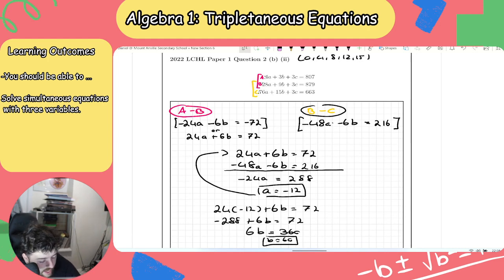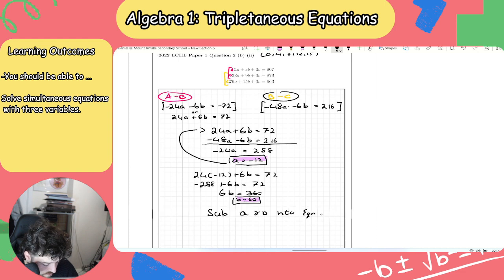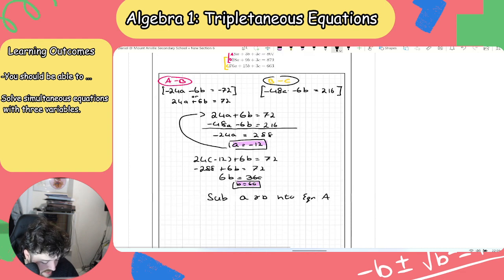And then finally, I have my A, I have my B. I want to now sub in to find my C. So I'm going to sub A and B into equation A. Seems easy.